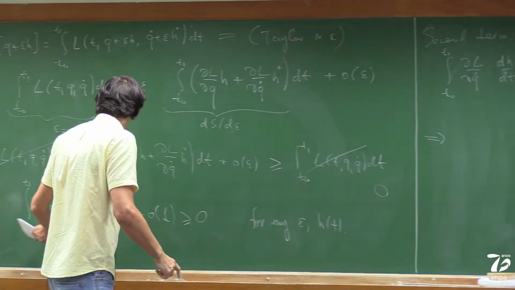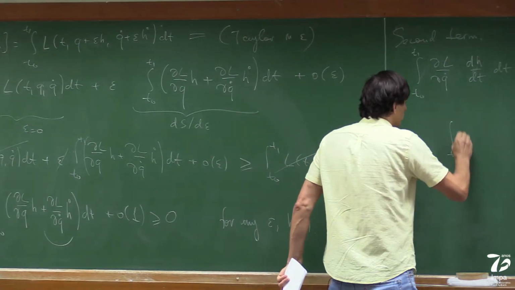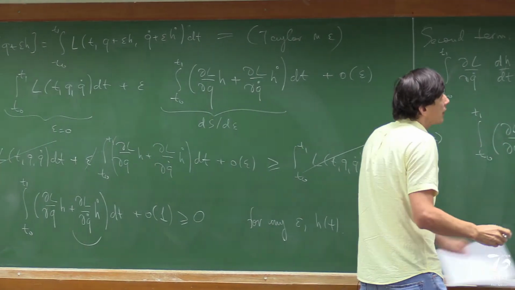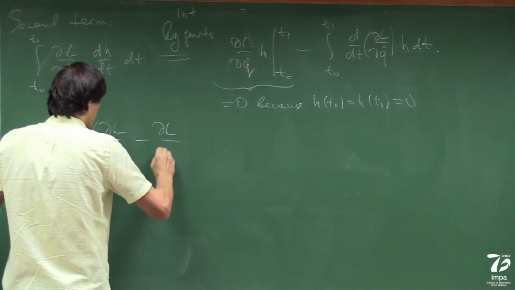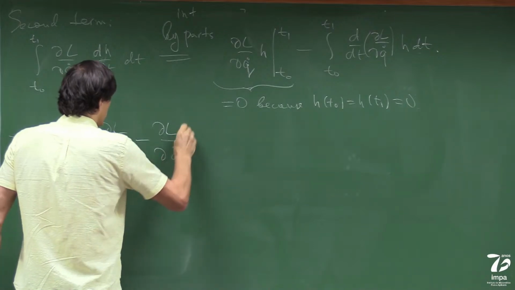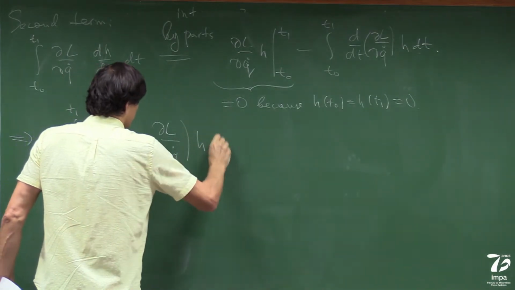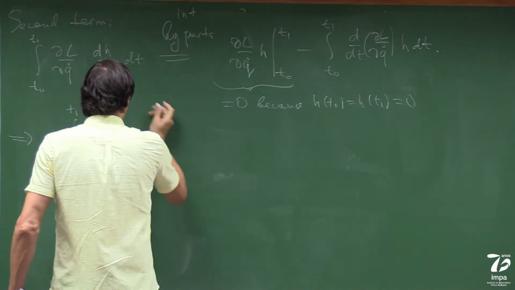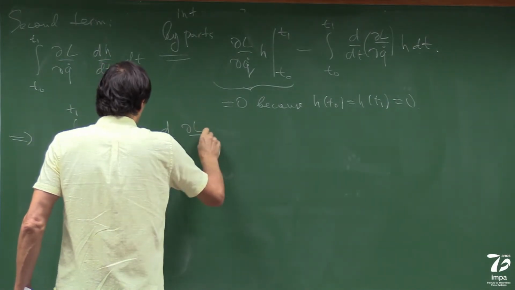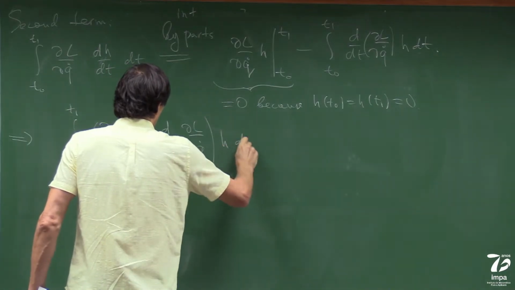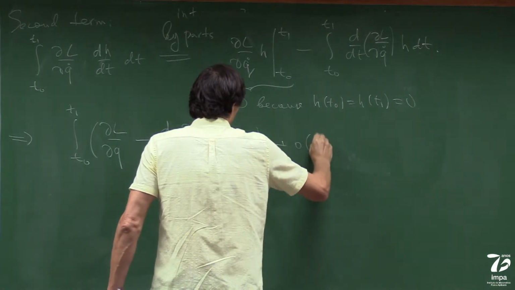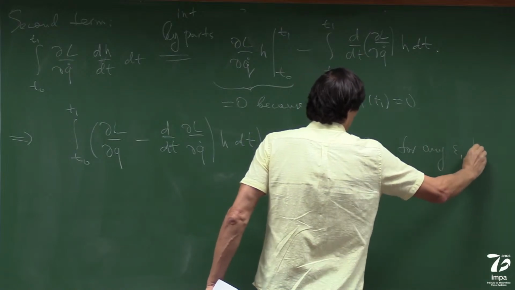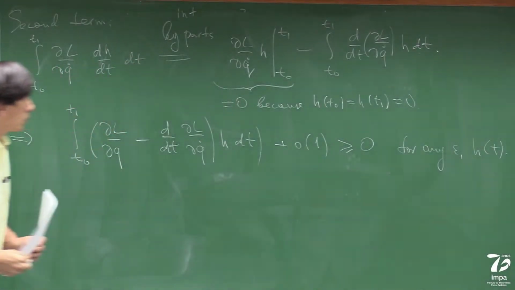So then let's put this expression back into the inequality. What we have is the integral between t0 and t1 of dL/dq, and now h can be put outside of the parentheses, dt. So now what do we have?